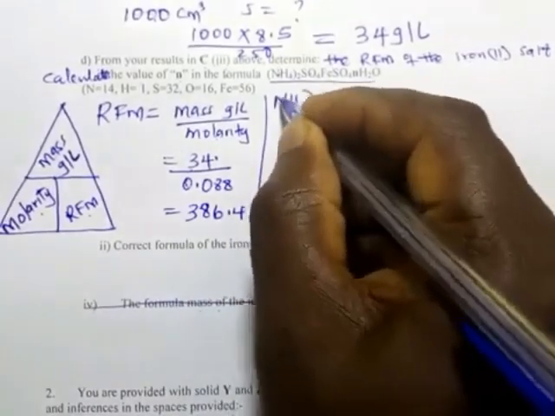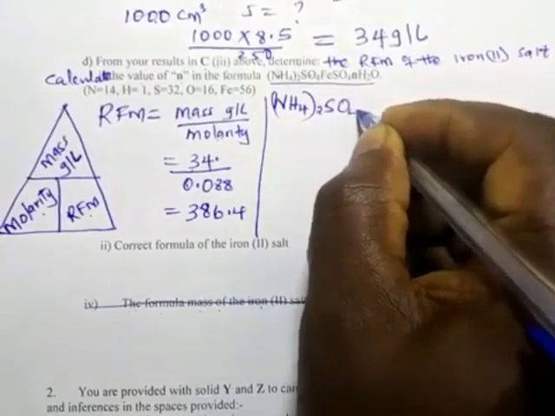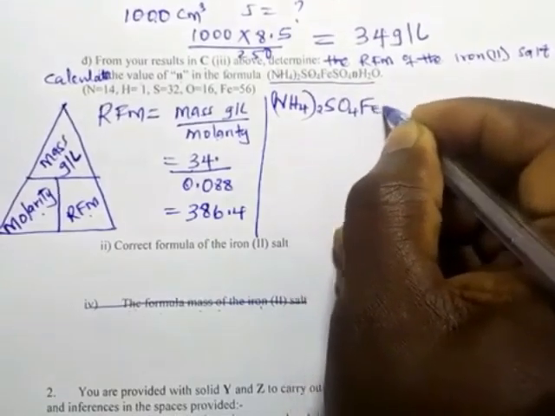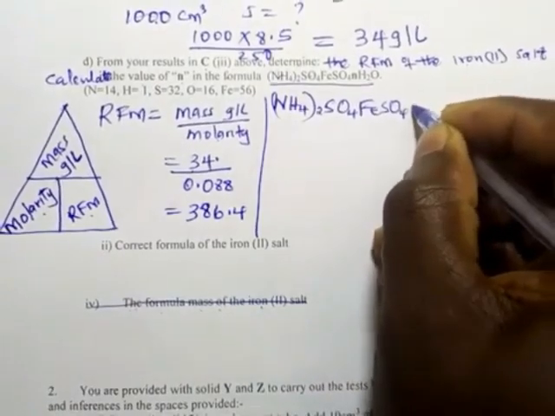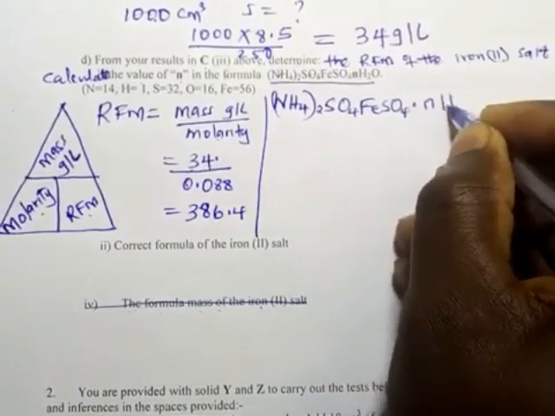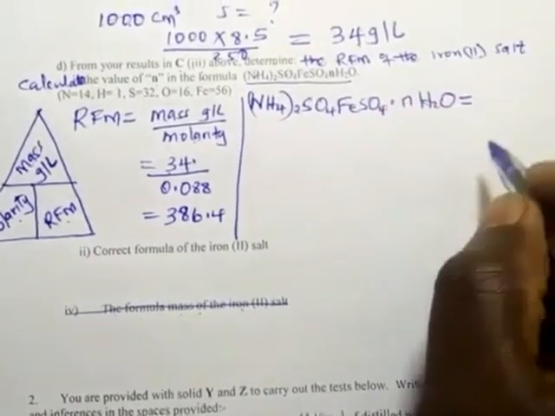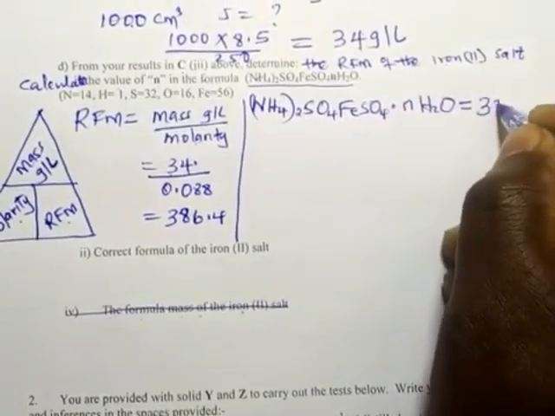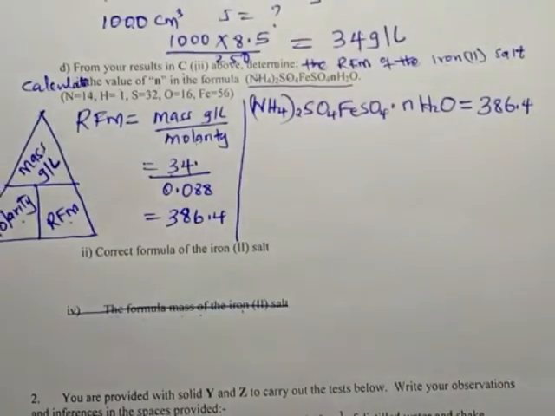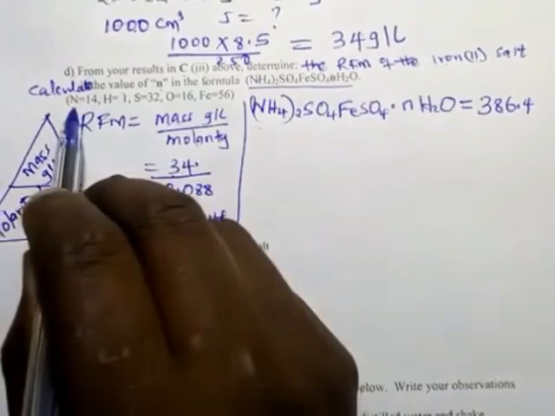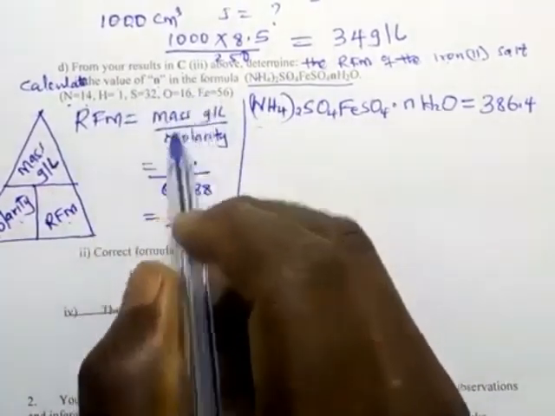ammonium, this ion, when you add everything here, you will get this 386.4. But we have been given N for nitrogen is 14. We have all the atomic mass of each element here.